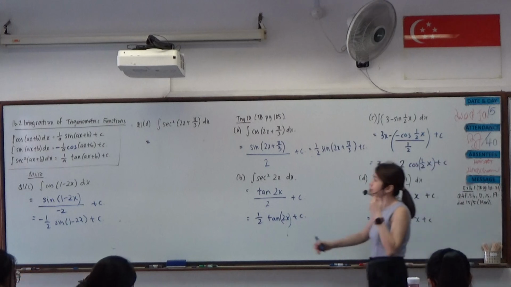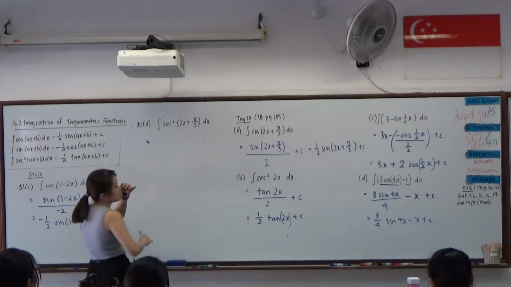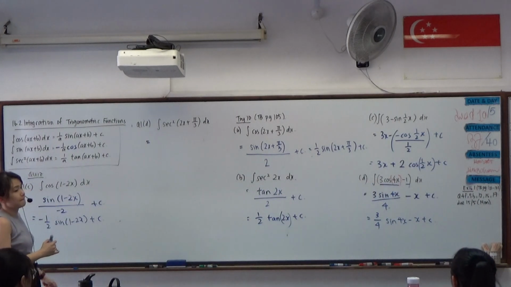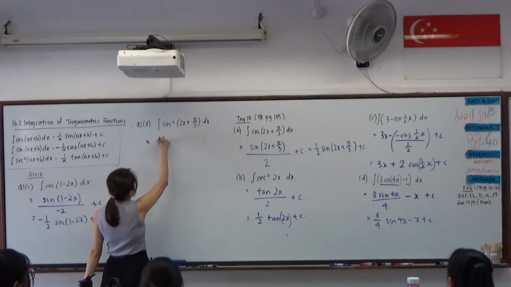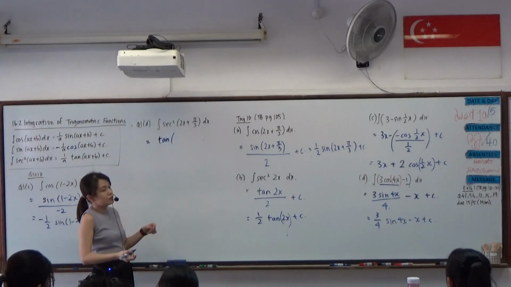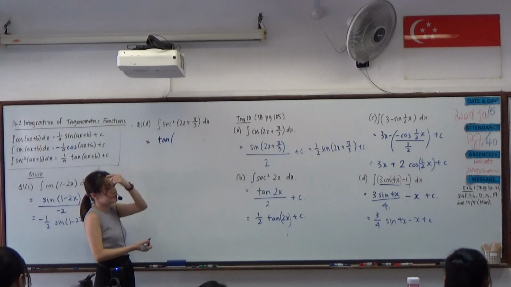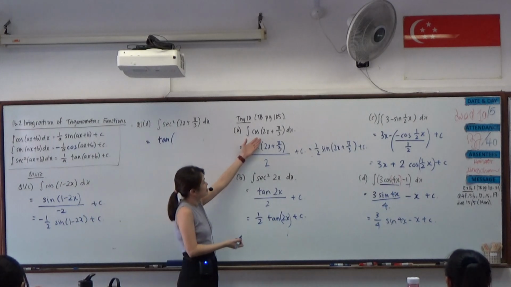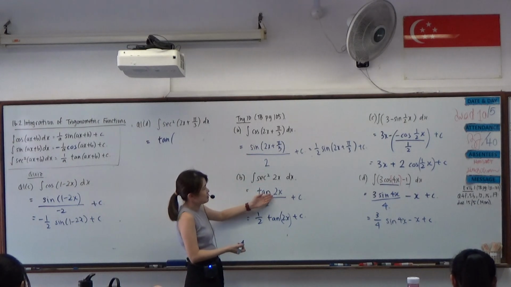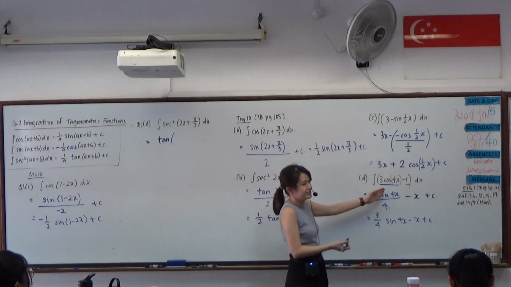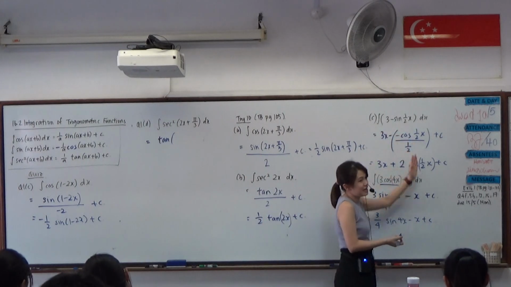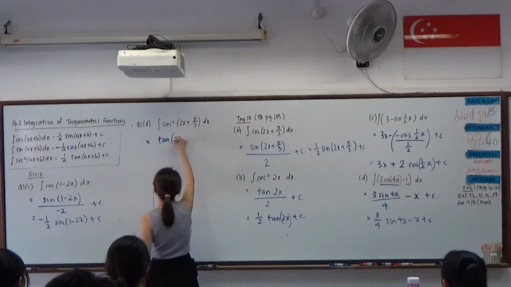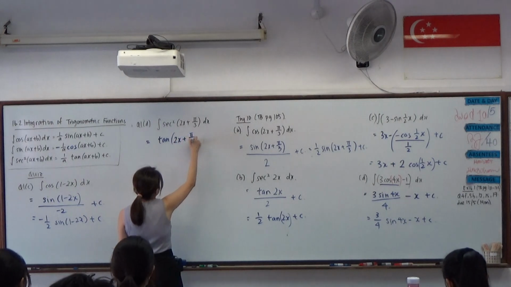Integrate secant square becomes tangent, then what does the angle do? Our angle always remains the same, right? So we should have 2x plus pi over 3.